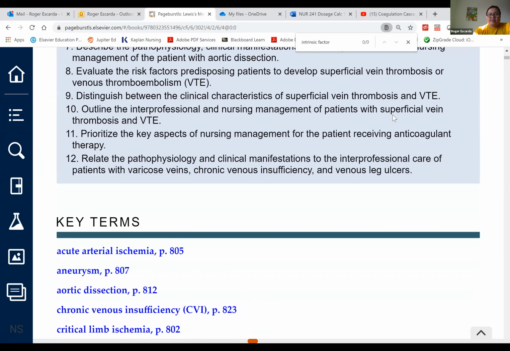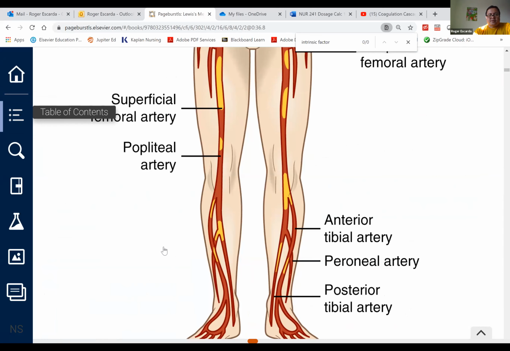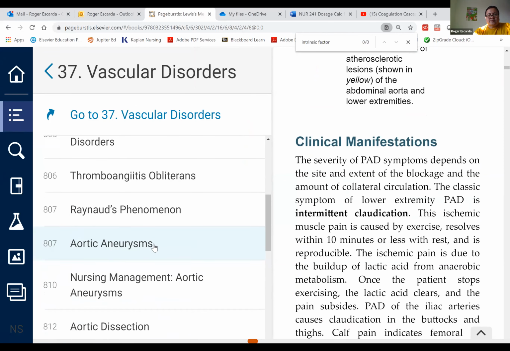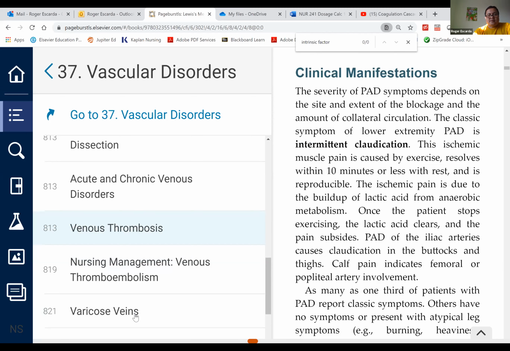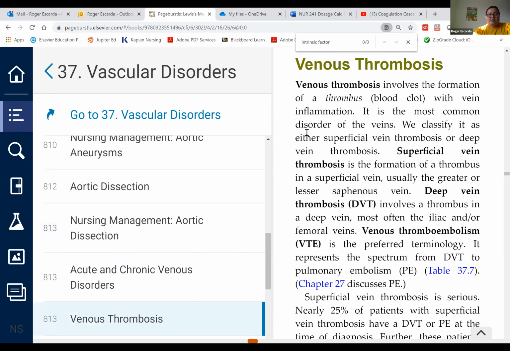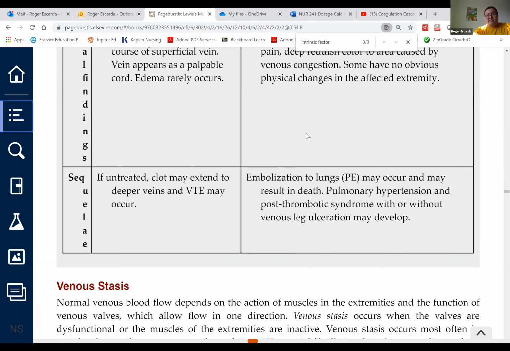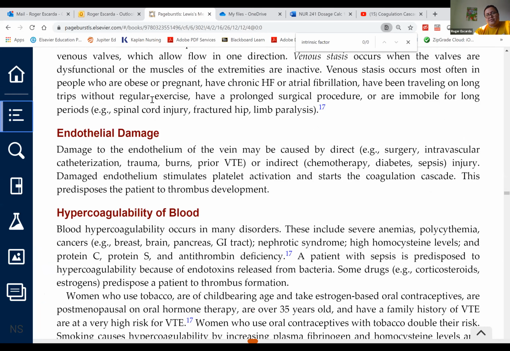Let me give you a clue. These three here is known as the Virchow's triad. Virchow's triad is mentioned here, this one.